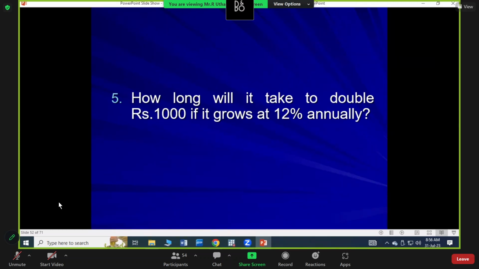This is about how the interest rate is used to calculate the required amount. So how long will it take to double 1,000 rupees if it grows 12% annually?